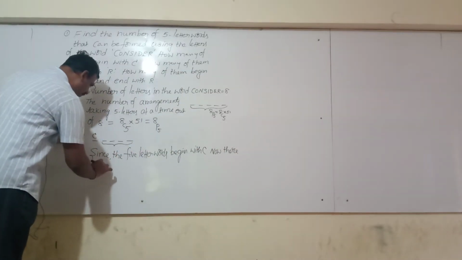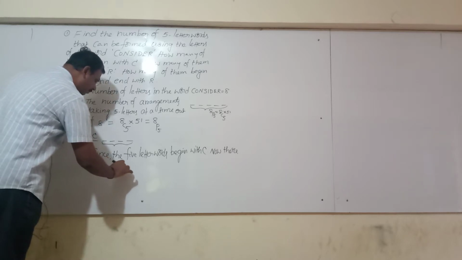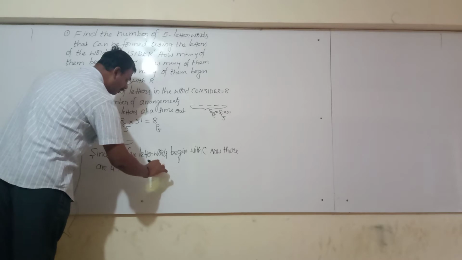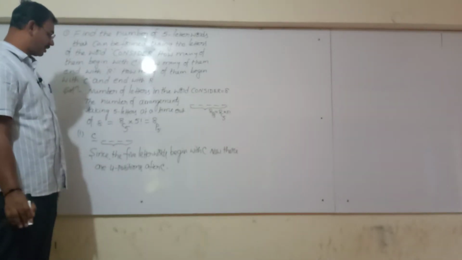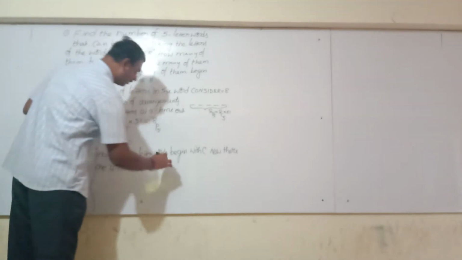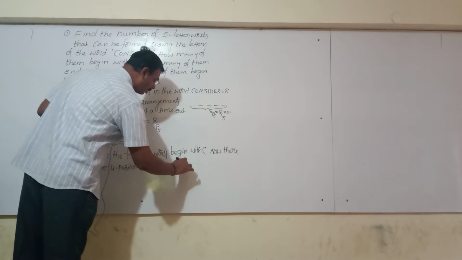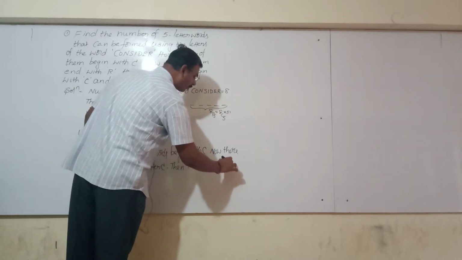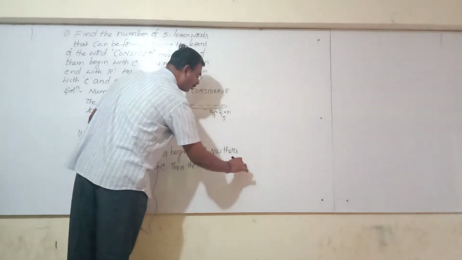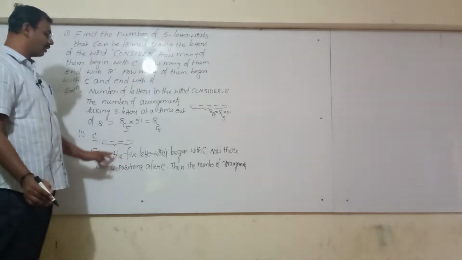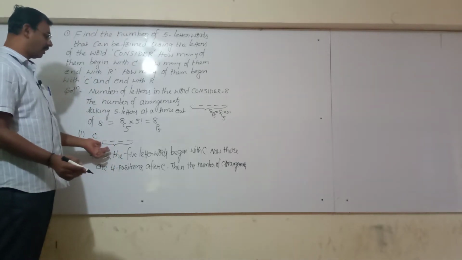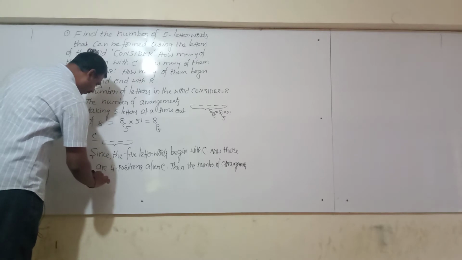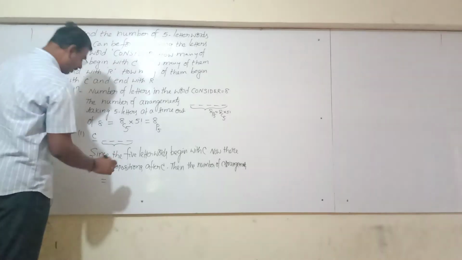Now there are 4 positions after C. The number of arrangements taking 4 at a time, or simply taking all, the number of arrangements taking all at a time.